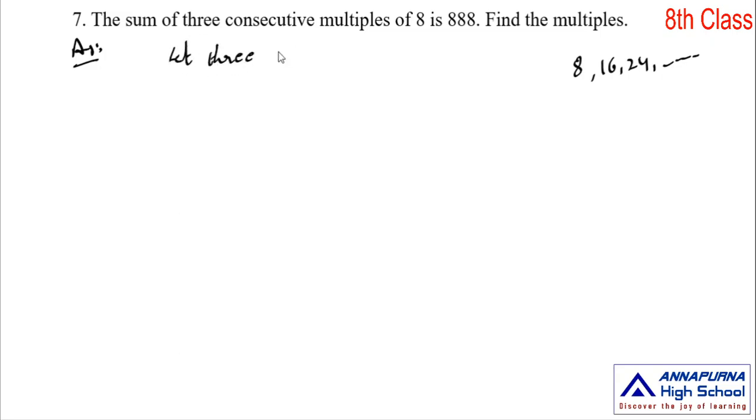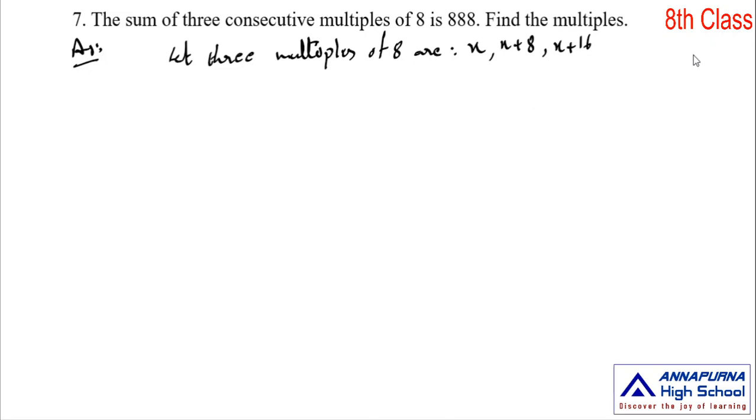Let the 3 multiples of 8 be: if the first multiple is x, then the second multiple is x plus 8, and the third multiple is x plus 16.